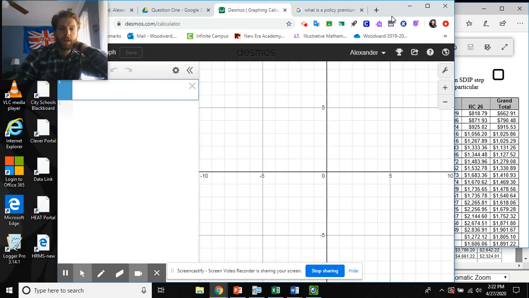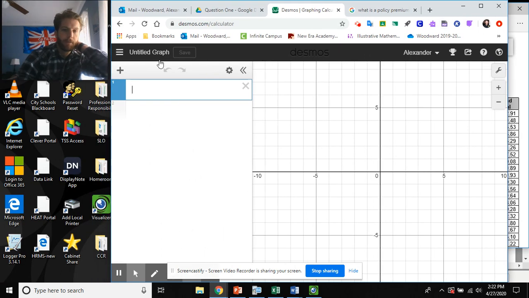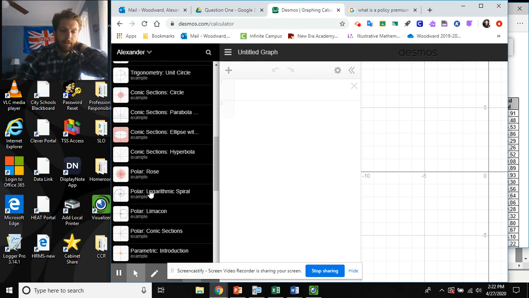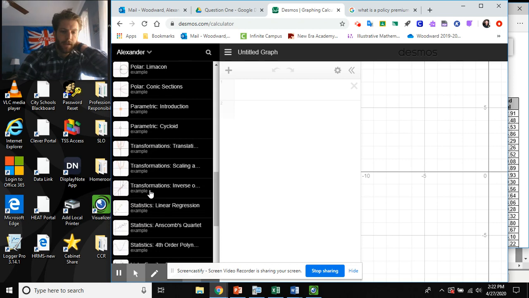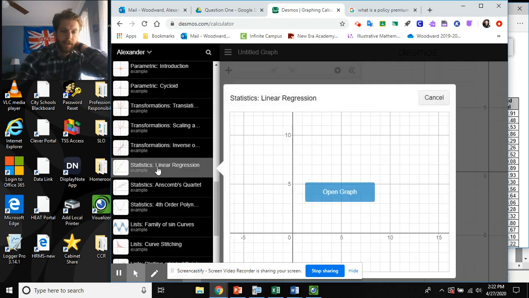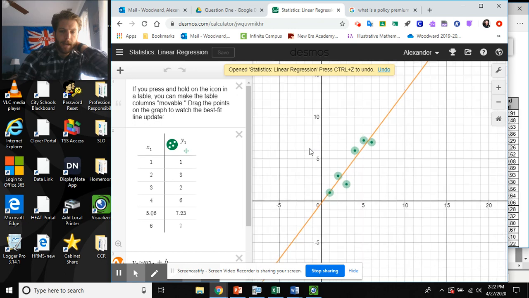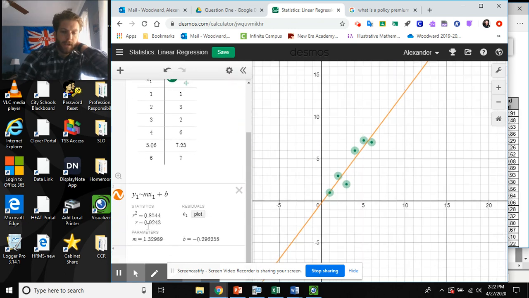Then we're going to click on the top 3 bars on the left here and go down to statistics, linear regression, the same as we did for exercise 1. It automatically opens up this graph with your X and Y table and the information that it automatically gives you with the linear regression. This information we're going to be using later.